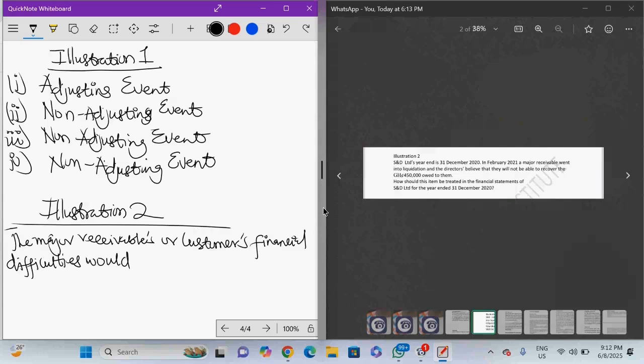Since the major customer went into liquidation, there would be some signs. You don't just wake up one day and go into liquidation. There will be some signs that would inform that you are facing financial difficulties.